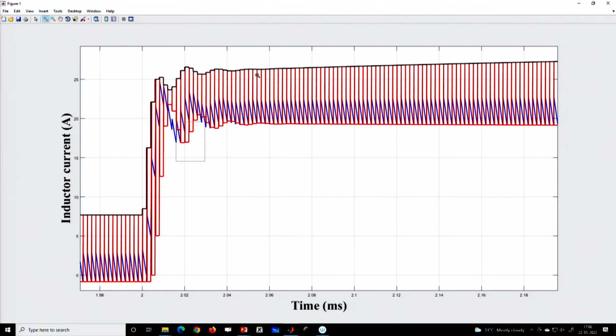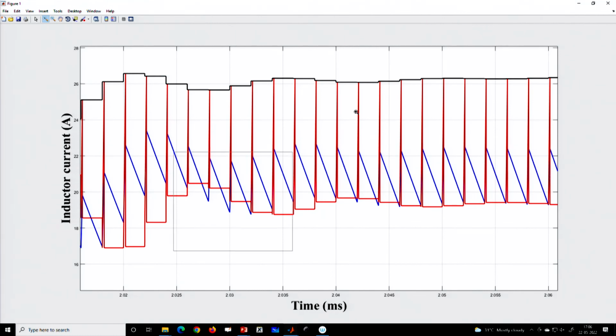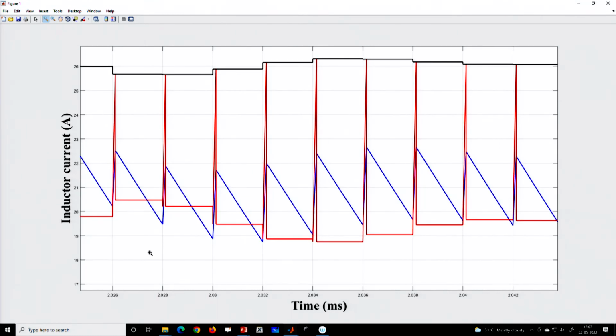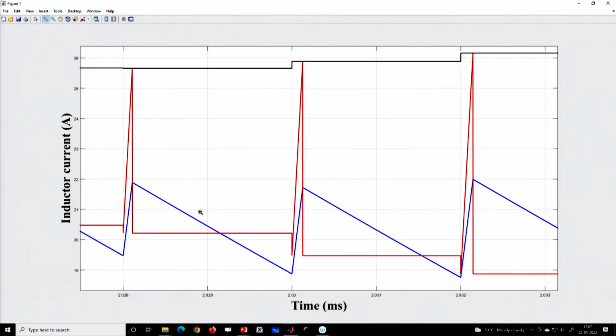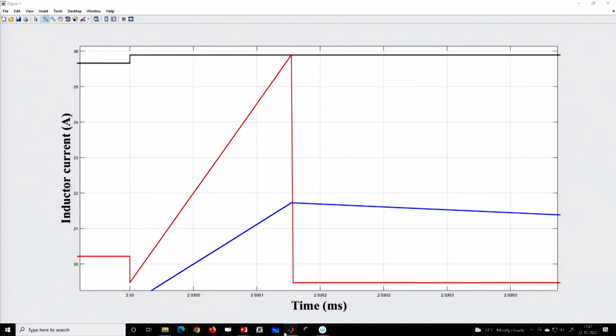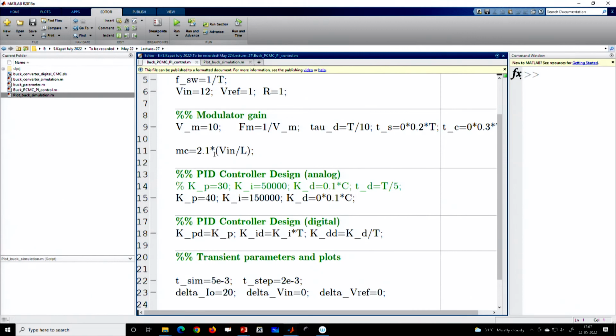That means if you try to understand this part, if you go to this block, it takes a few cycles. So the inductor current sample is used here and we have taken a very large ramp, because otherwise it will be unstable. So let us say it is 2.1 type.